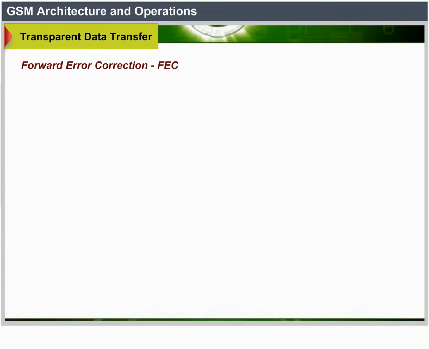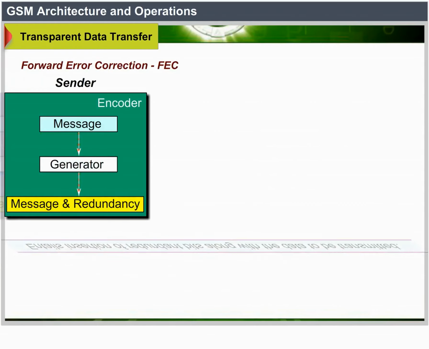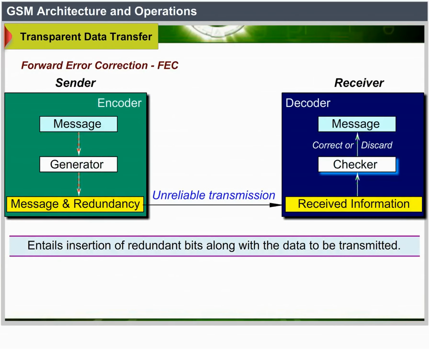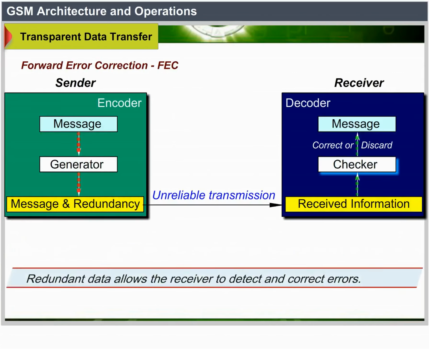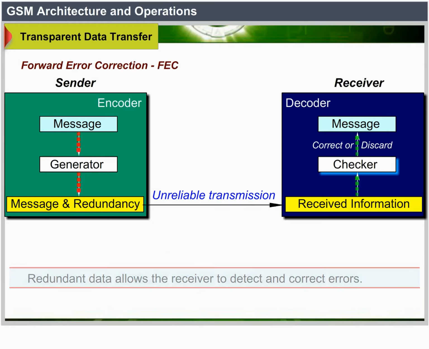Forward error correction, FEC, entails insertion of redundant bits along with the data to be transmitted. Redundant data allows the receiver to detect and correct errors.